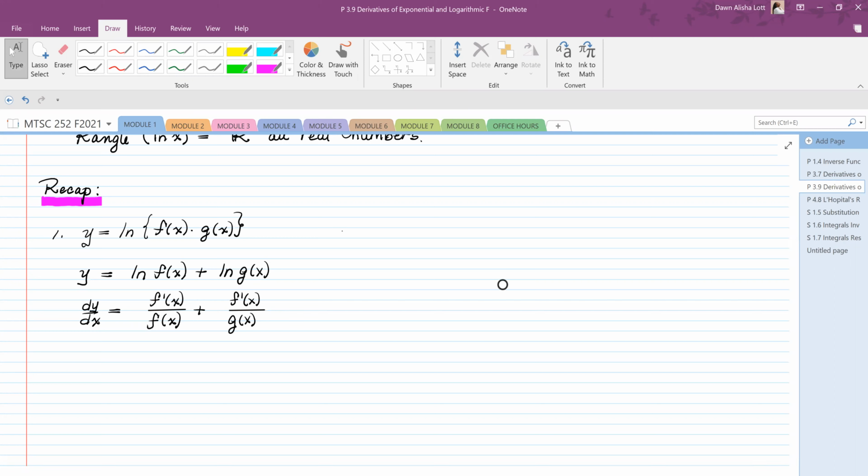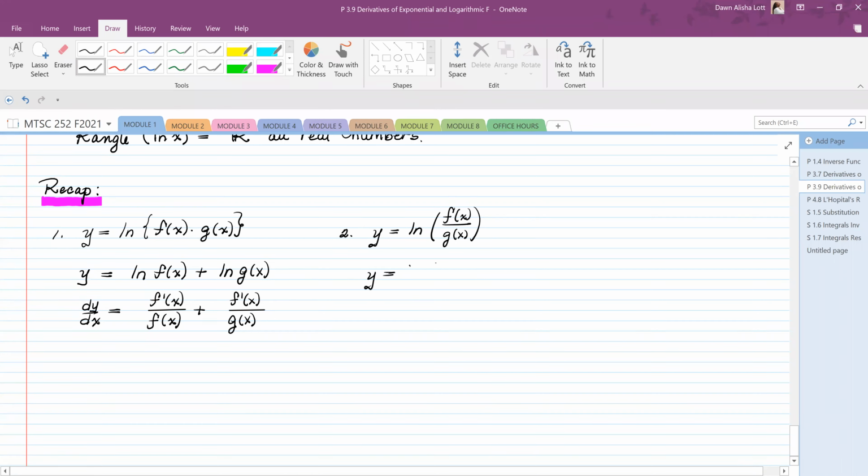Okay, so if I have y is equal to the log and I have two functions over top of each other, I'm going to simplify it first. The log of f of x minus the log of g of x.